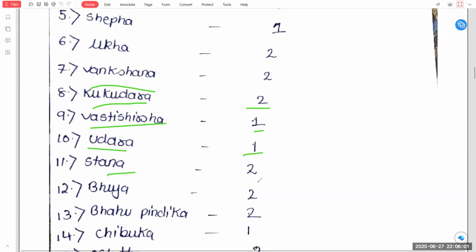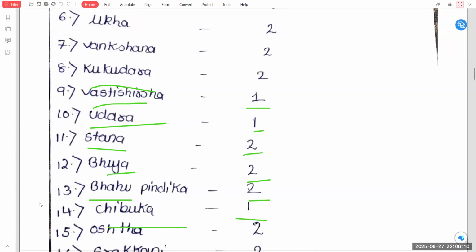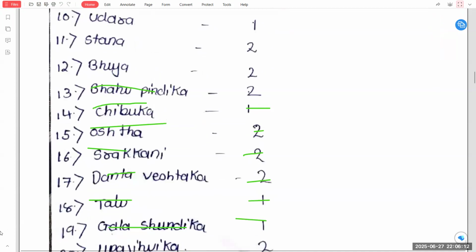Stan are 2. Bahya are 2. Bahupindika are 2 in number. Chibuka, that is the chin, is 1 in number. Oshtha are 2. Shrukkani are 2. Dantaveshtak are 2 in number.